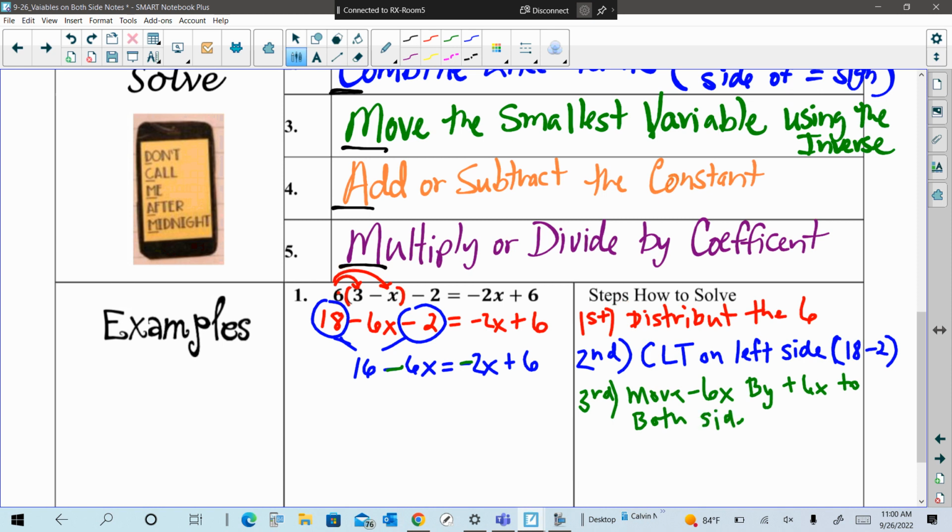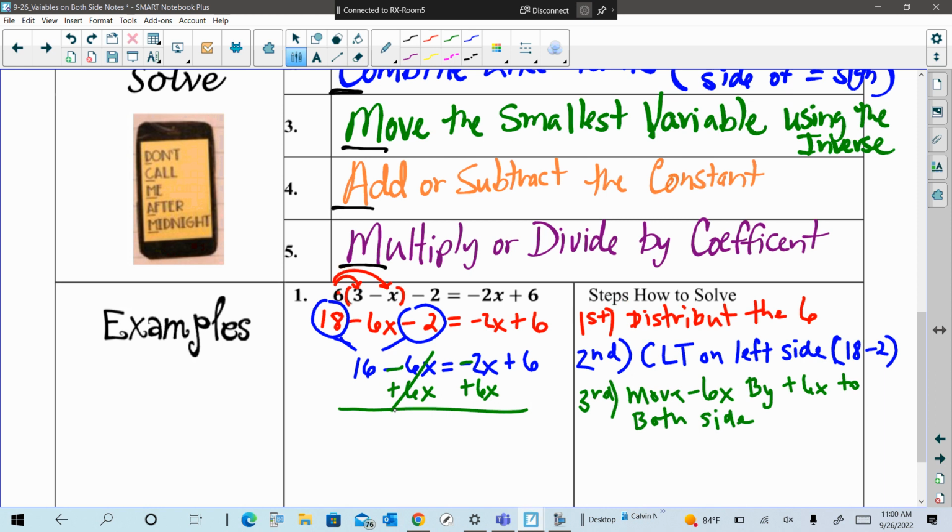I need to make sure I line it up with just the variables. So I put a plus 6x on the left side and a plus 6x with the minus 2x on the right side. Line them up to not make errors in your simplification. I'm just going to draw a line underneath here. When I do that, my smallest variable cancels.